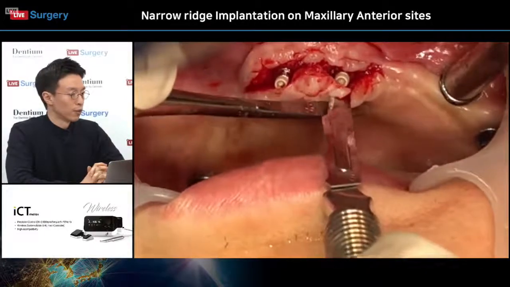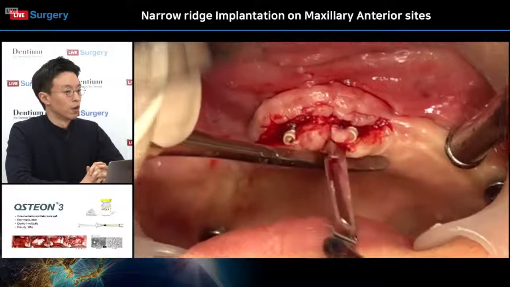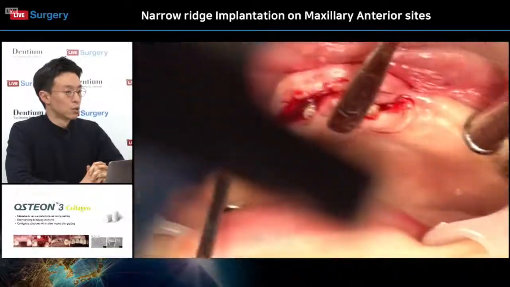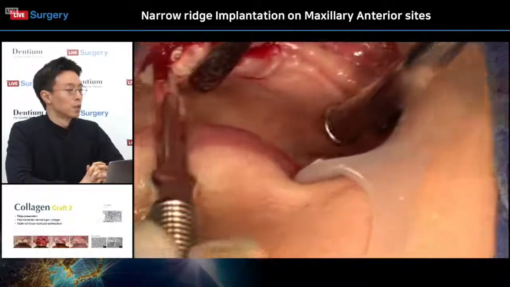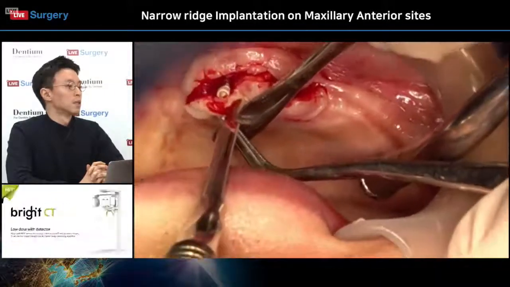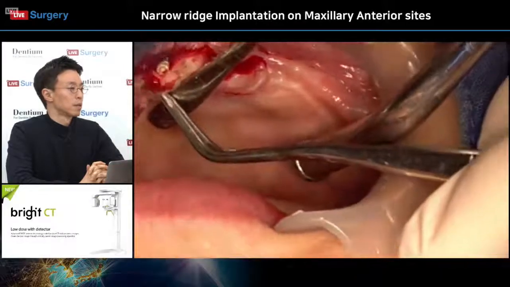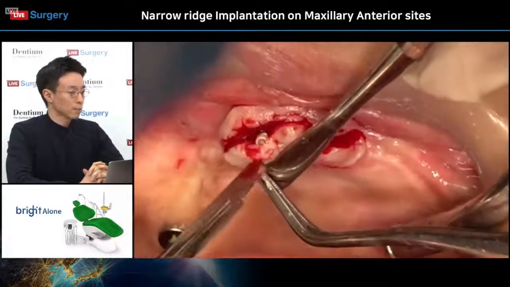He is modifying the surrounding gingiva to increase attached gingiva at the major side of the fixtures.